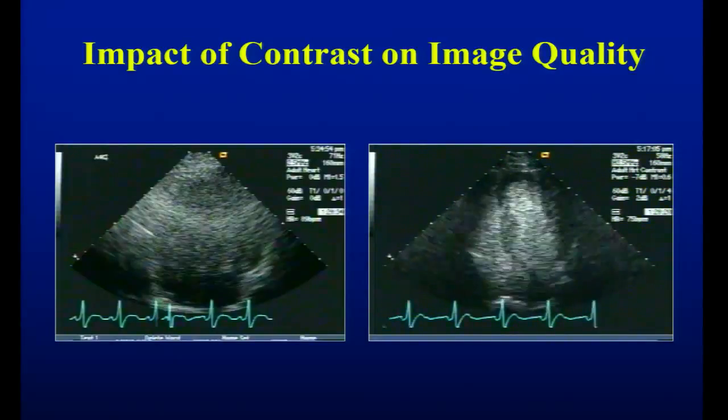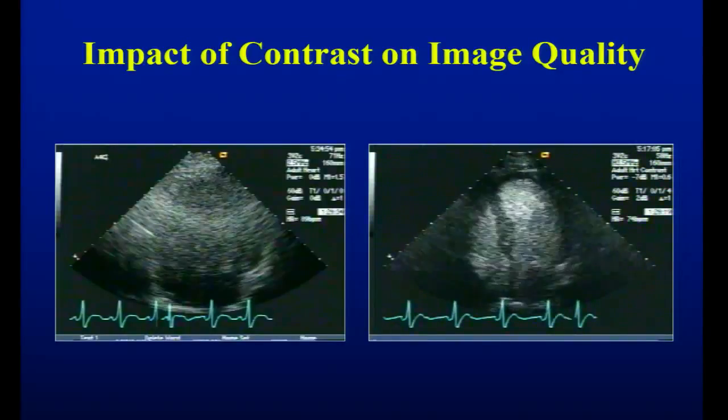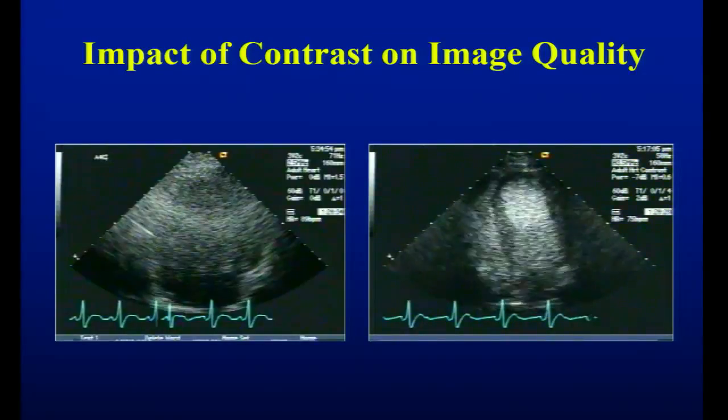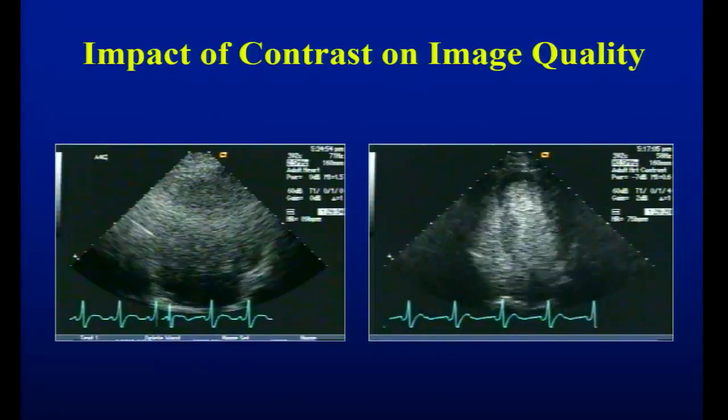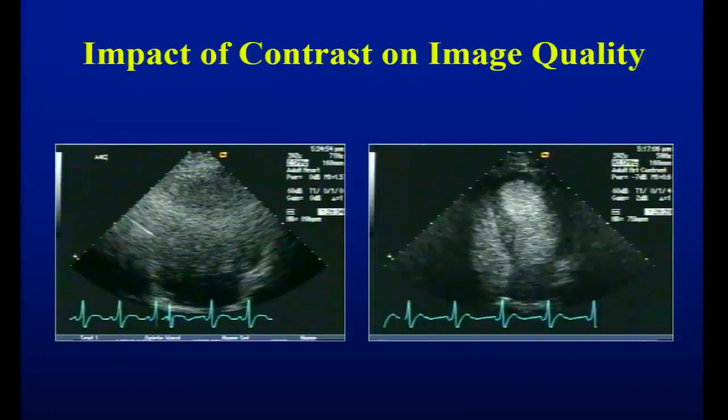And the prime indication is endocardial visualization, from which you can extrapolate for ventricular volume determination, ejection fraction determination, and so many other things. But this is the prime indication.